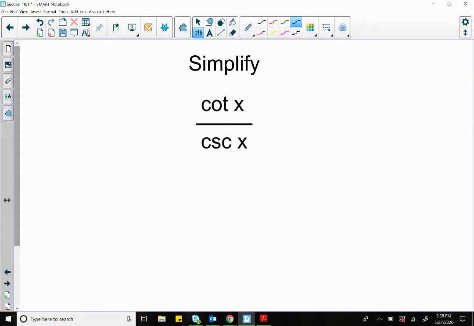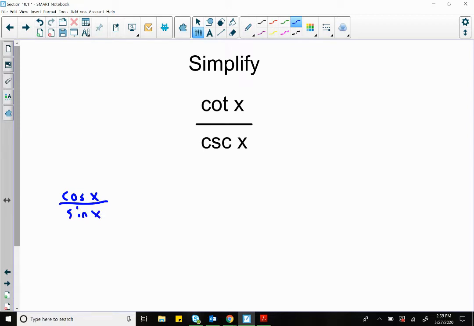So in this guy, one of the things you could do is we have that tip number 2 where it says change the sines and cosines. Okay, that's easy. So cotangent is cosine x over sine x.